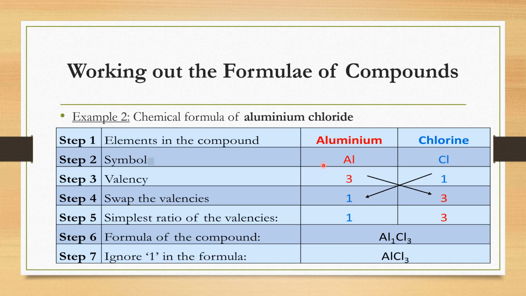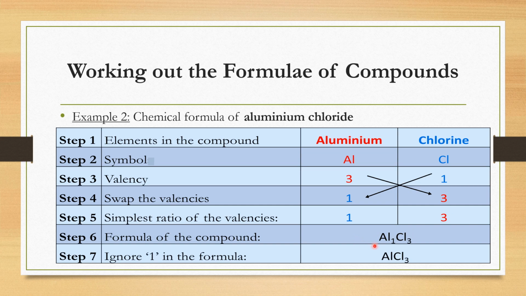The valency of aluminum is 3 and the valency of chlorine is 1. On swapping the valencies, aluminum obtains the value 1 and chlorine obtains the value 3. The simplest ratio for the valencies is 1:3.